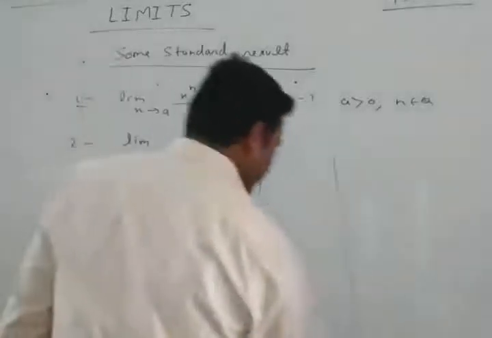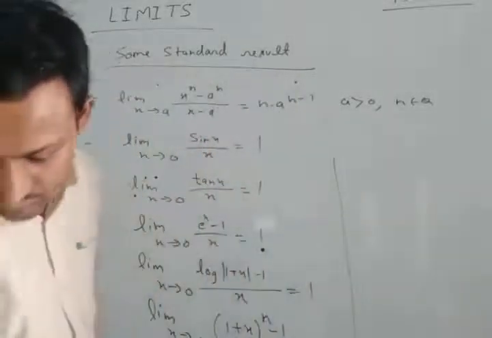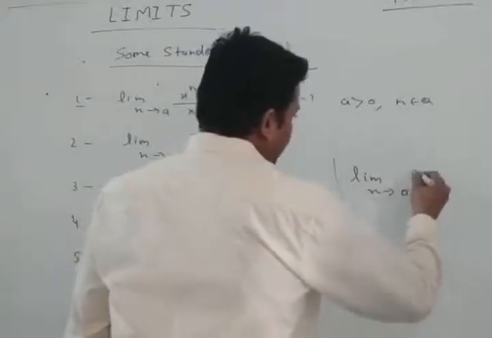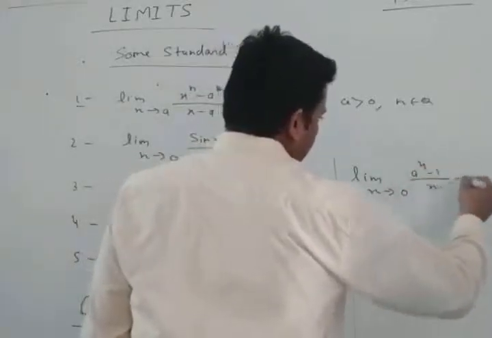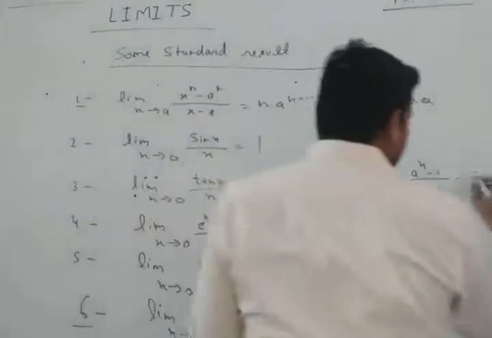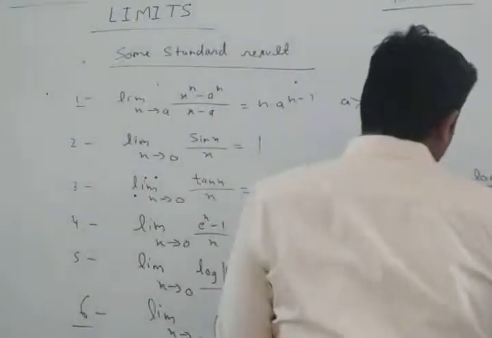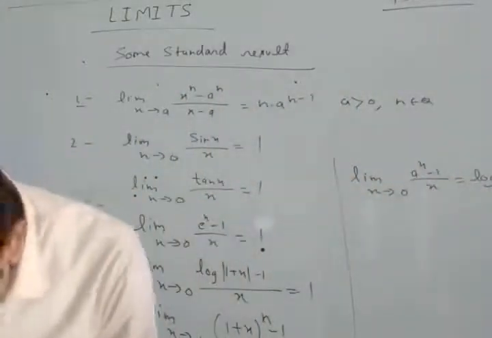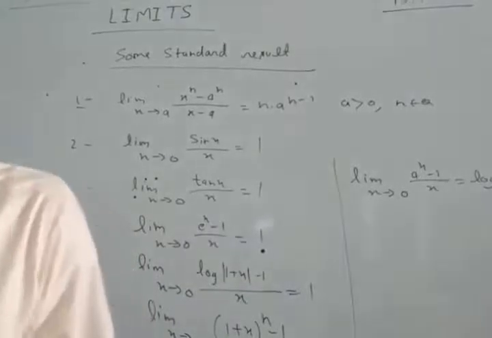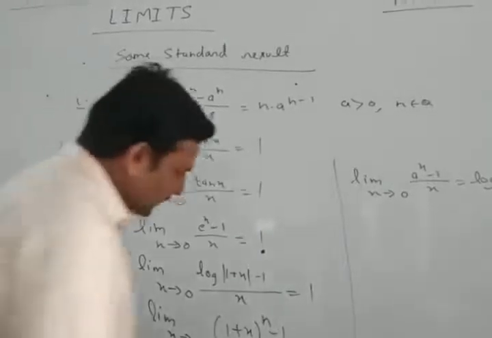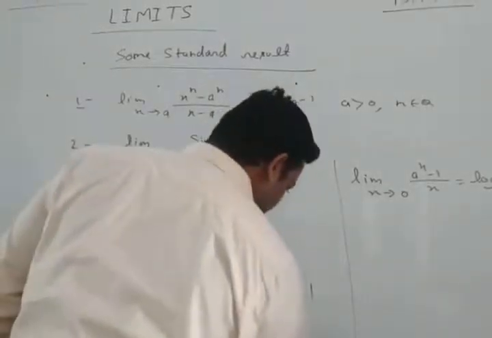Now next, limit x tends to 0, a to the power x minus 1 by x is equal to 1. Sorry, this is log a base e. Okay. Here we will change, here there will be a log a.